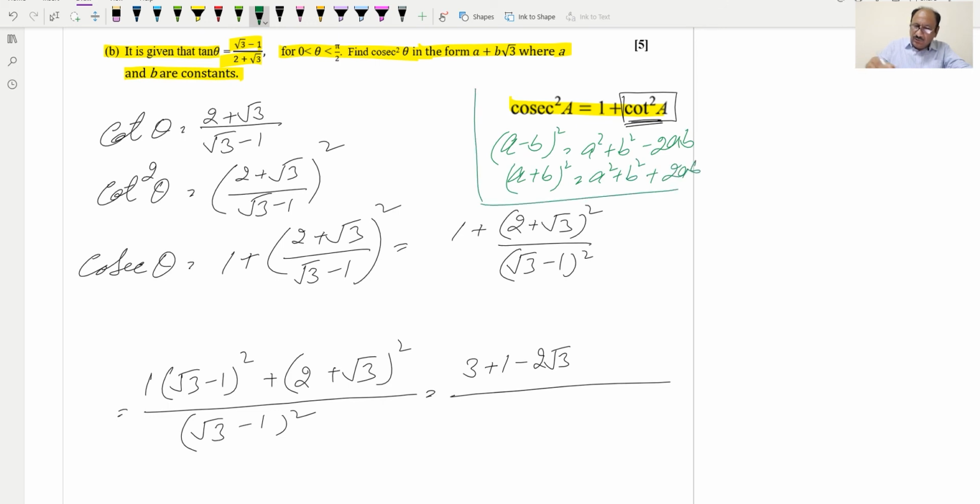These are the formulas which I am writing in the box, and we will be applying them on the second one. So 2 squared will be 4, plus root 3 squared will be 3, plus 2 into 2, 4 root 3, and this one will be divided by (root 3 minus 1) squared as it is.